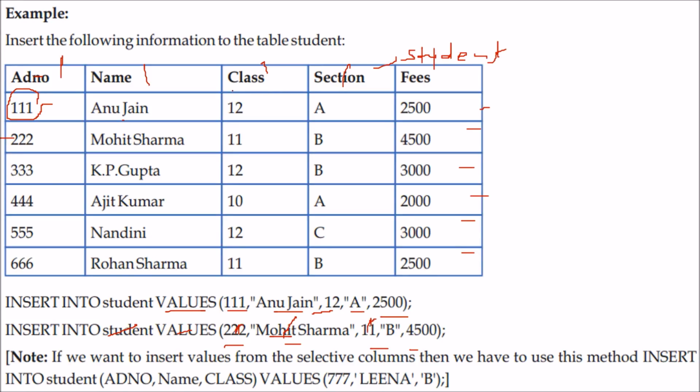So if you want to add only AD number, name and class, and you don't want to add the section and fees, what you are going to do here is insert into, and you have to specify the columns: AD number. After that, these values, this will correspond to AD number, this will correspond to name, and this will correspond to class, right?